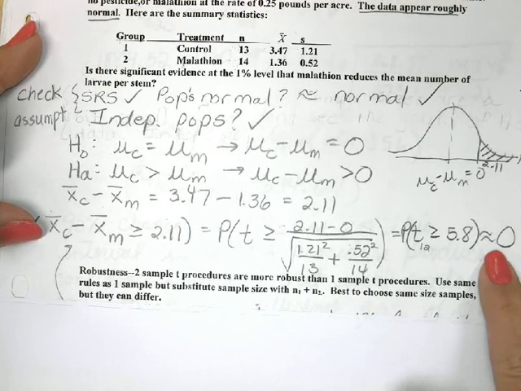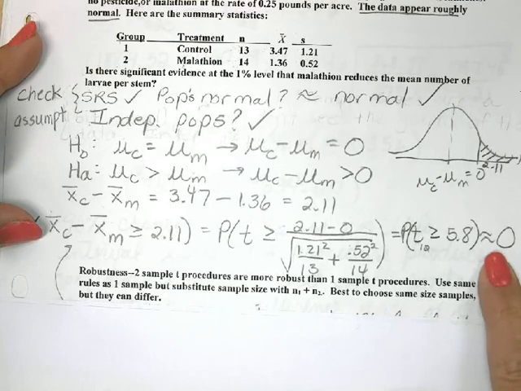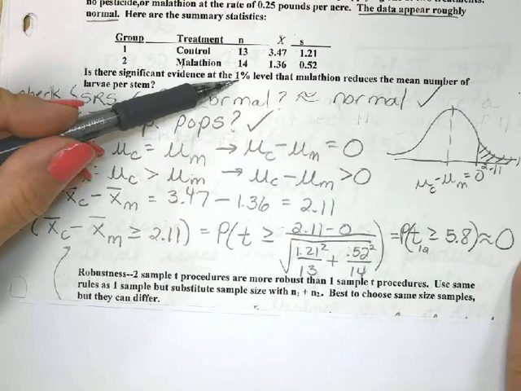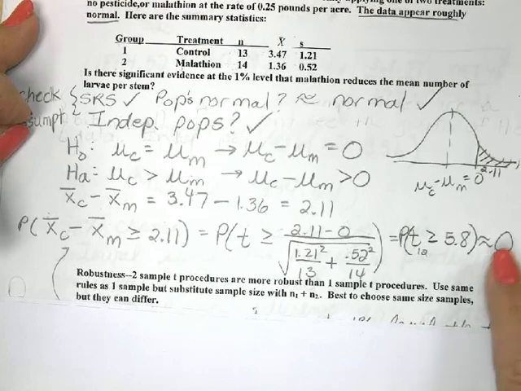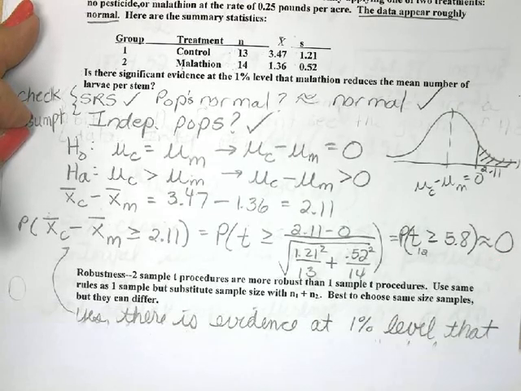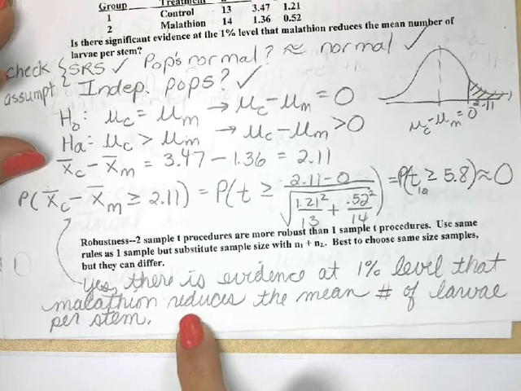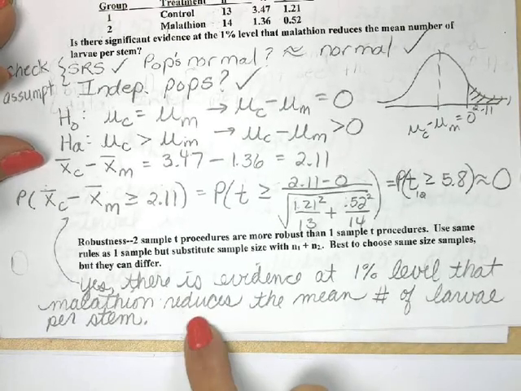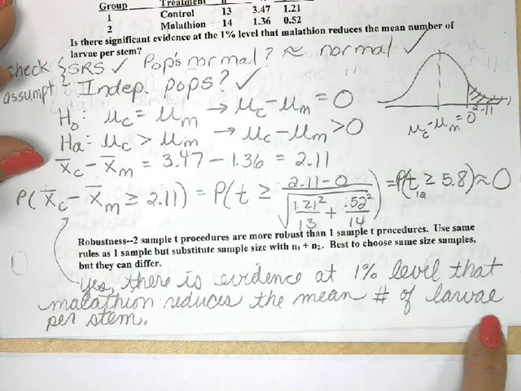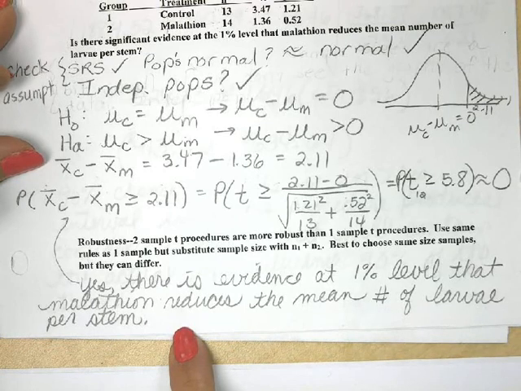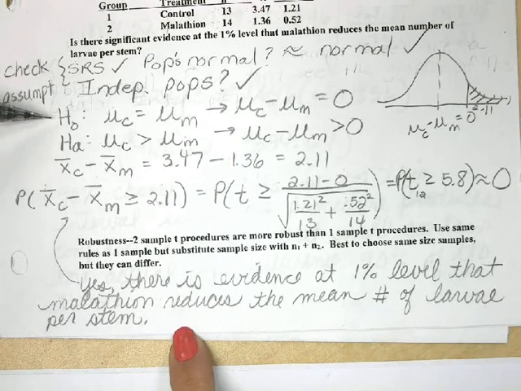Now, I said nothing about a significance level. Oh, I did. I said 1% level. Regardless of level, that is small. So, at a 1% significance level, yes, there is evidence that the malathion does reduce the mean number of larvae per stem.